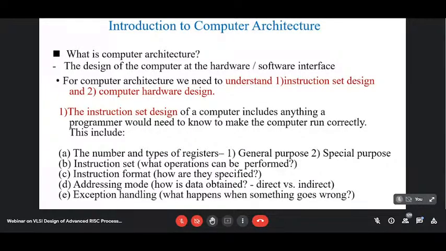Some instructions are 1 byte, some are 2 bytes, some are 3 bytes. Like load accumulator from some address is a 3-byte instruction, whereas load immediate with some data is a 2-byte instruction. So these are the instruction formats.